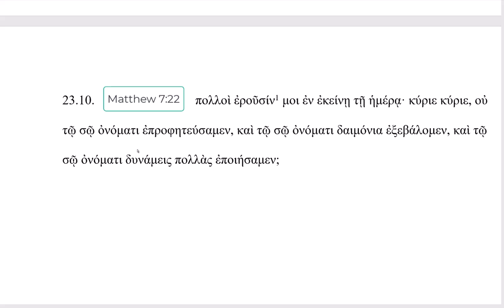Now let's go to number 10 in chapter 23 of the workbook. So I've switched over to chapter 23 so we can get some first aorist forms.